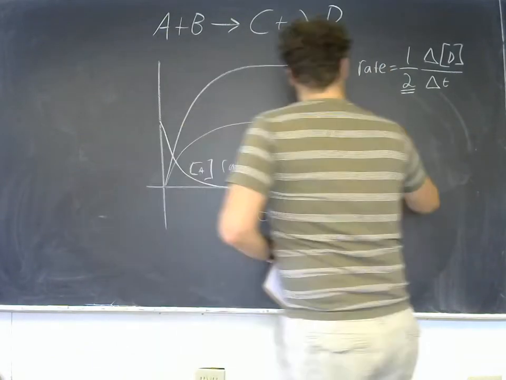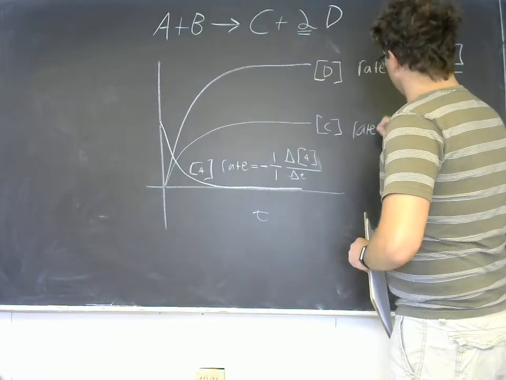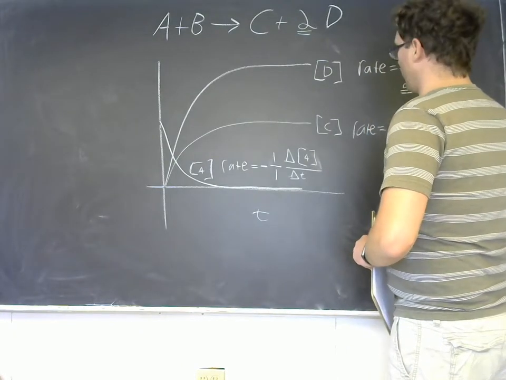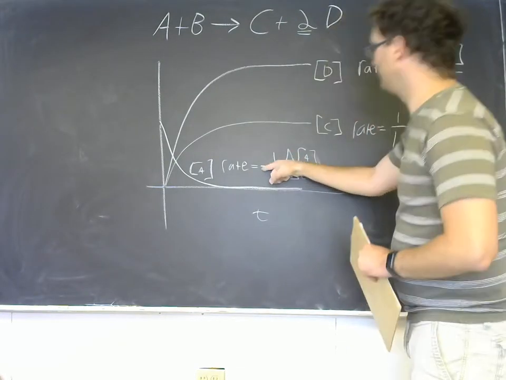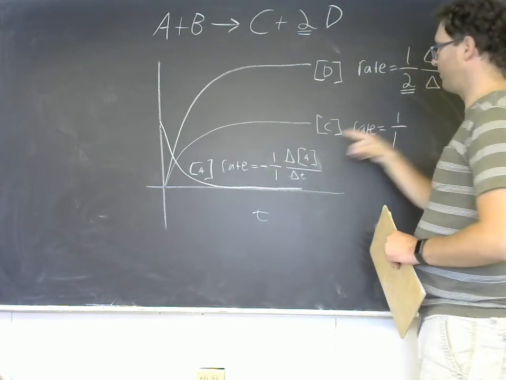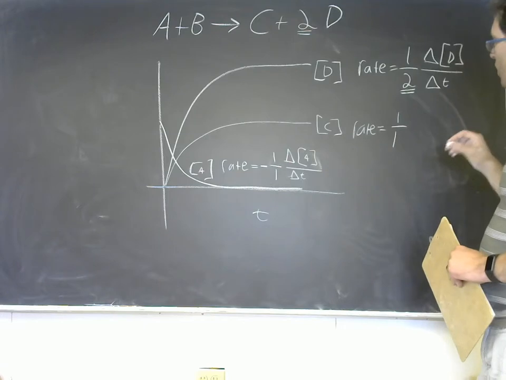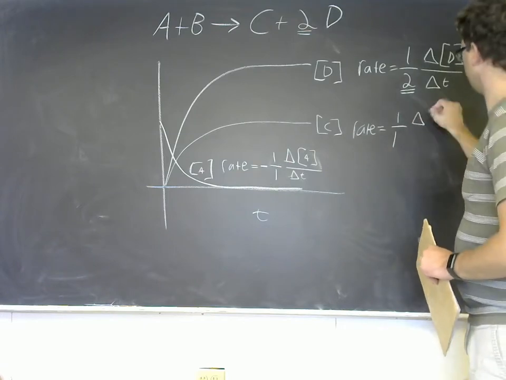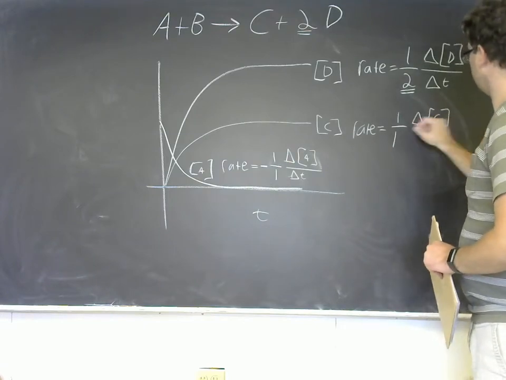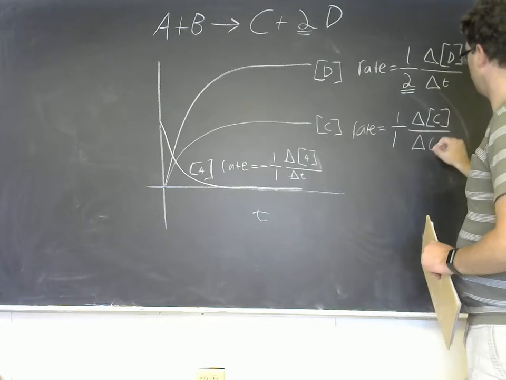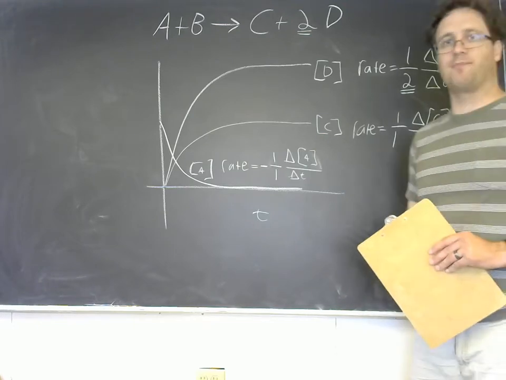And let's just finish it off here. The rate here would equal 1/1. Oops. Yeah, that negative for the reactant does not need to be here for the product. And we would have the change in concentration of C over the change in time.